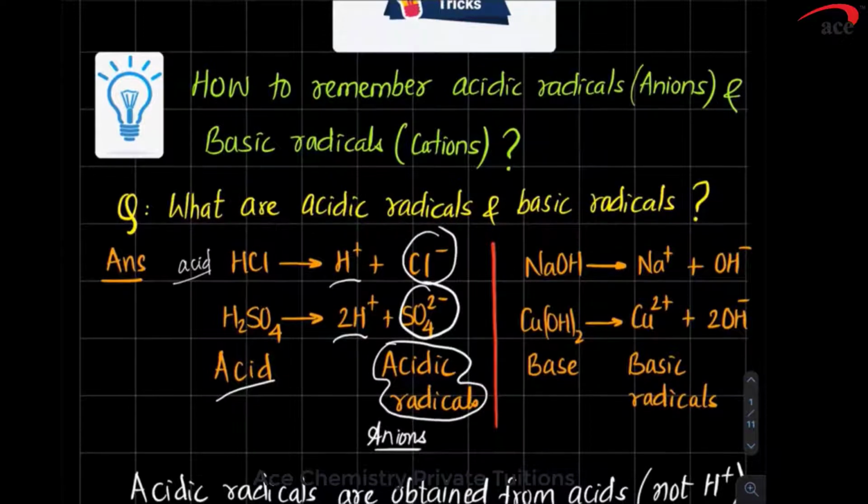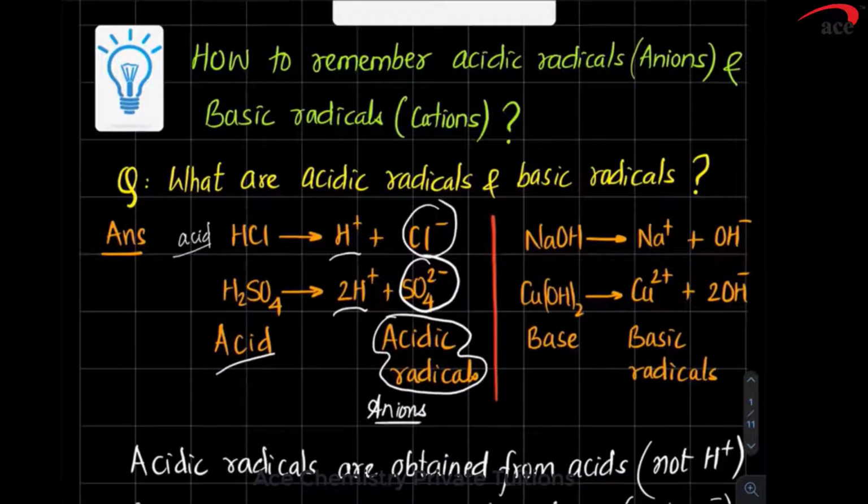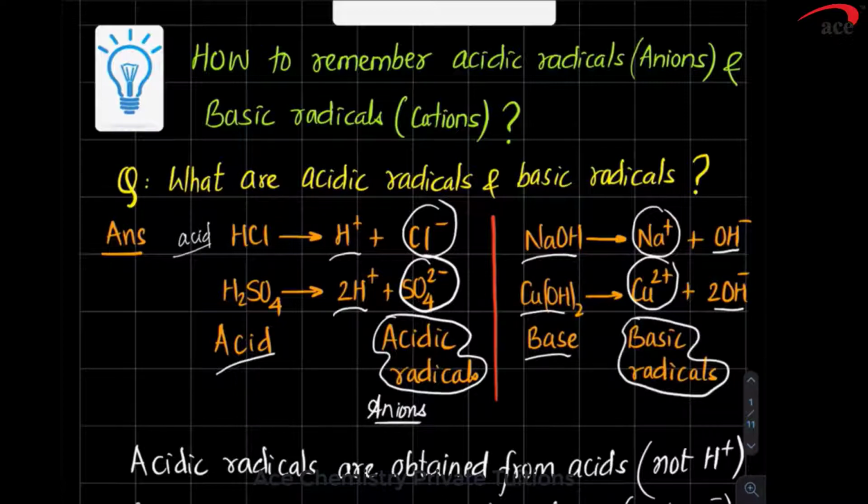Remember that. Now NaOH and copper hydroxide are bases. Sodium hydroxide is a base, copper hydroxide is a base. When you dissolve them in water, these typical bases produce hydroxide ions. Along with hydroxide ions, they produce cations. Such cations are called basic radicals. In short, acidic radicals are those which are obtained from acids by dropping H+.